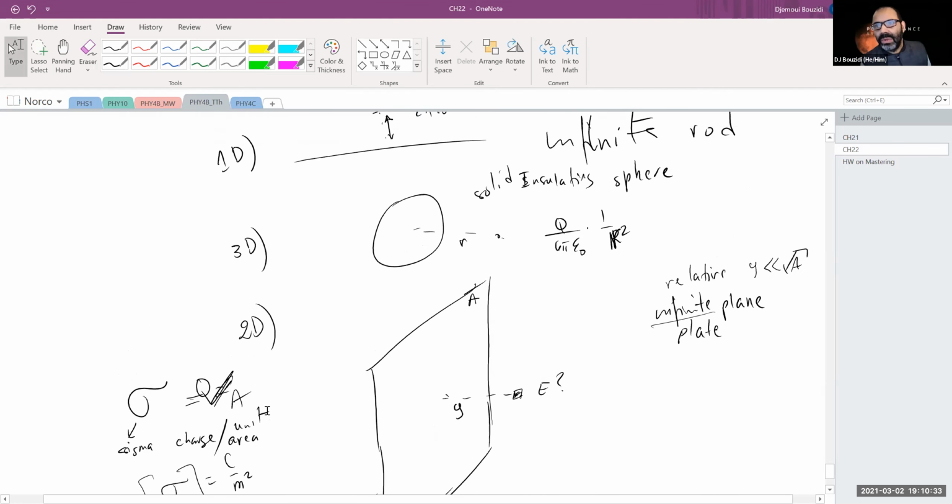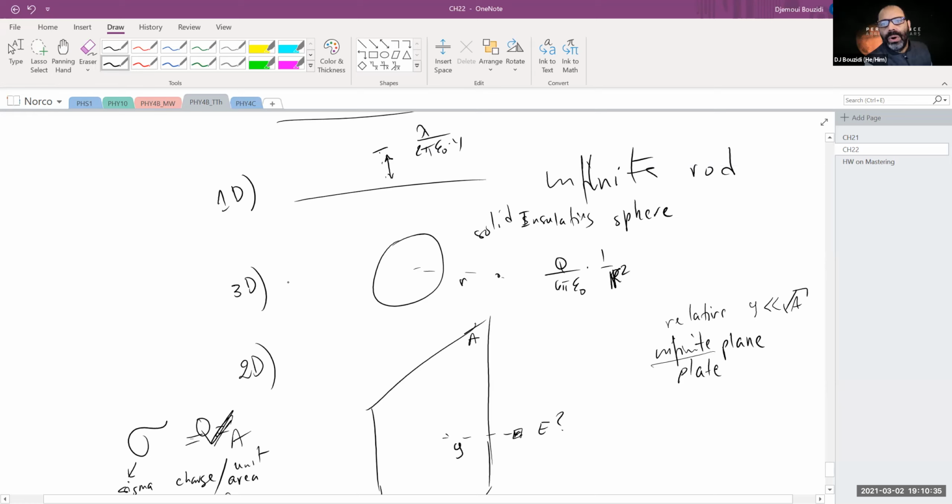If you remember, we used rho. Rho was Q over V, assumed to be uniform, and the units for rho are coulomb per cubic meter. For the rod, we used the symbol lambda, which is Q over the length L. Obviously, the same situation we encountered there, where the length being infinite meant it's much, much bigger than y.